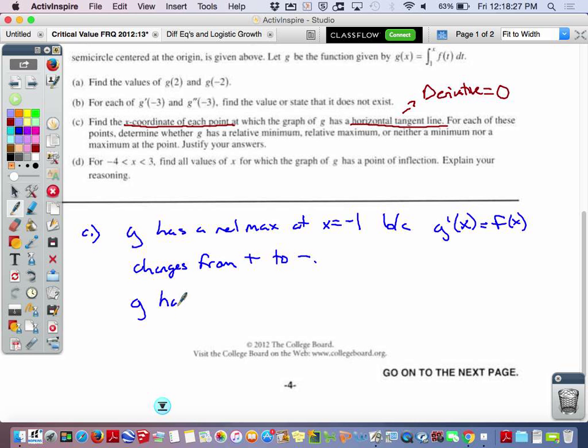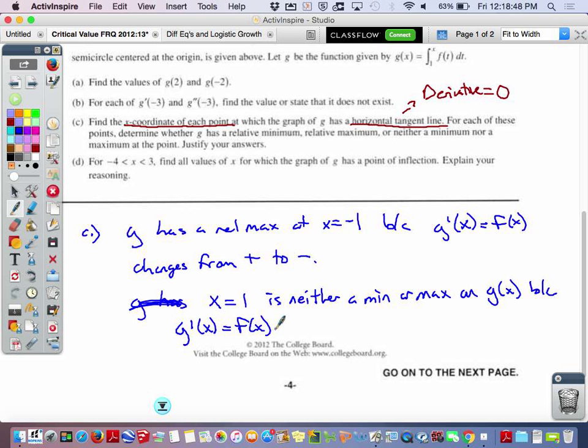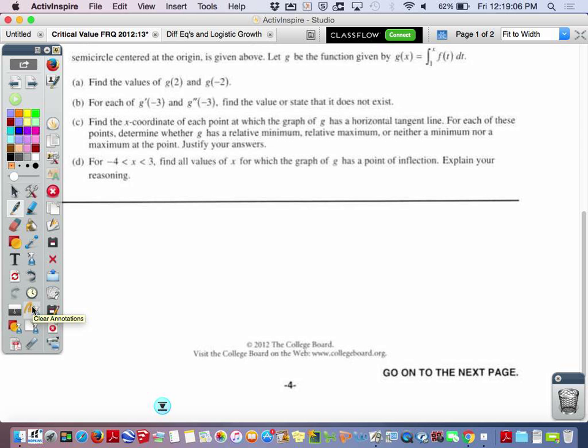We would also say, we'll say x equals 1 is neither a minimum or maximum on g of x because g prime of x equal to f of x does not change sign. So all of that is worth a point. So from parts A, B, and C, we're up to 7 points for those 3 parts. That leaves 2 points for part D.